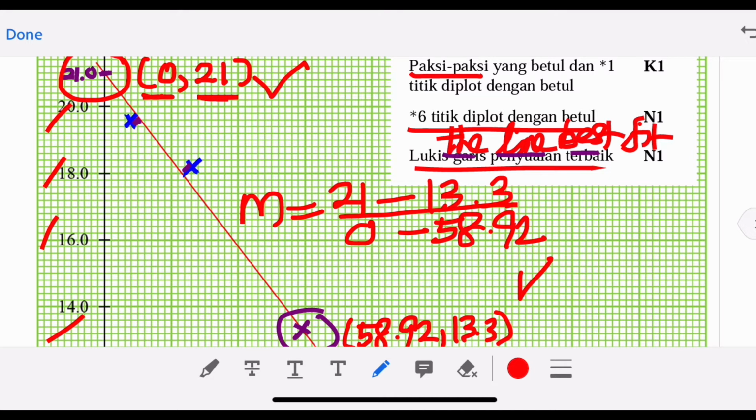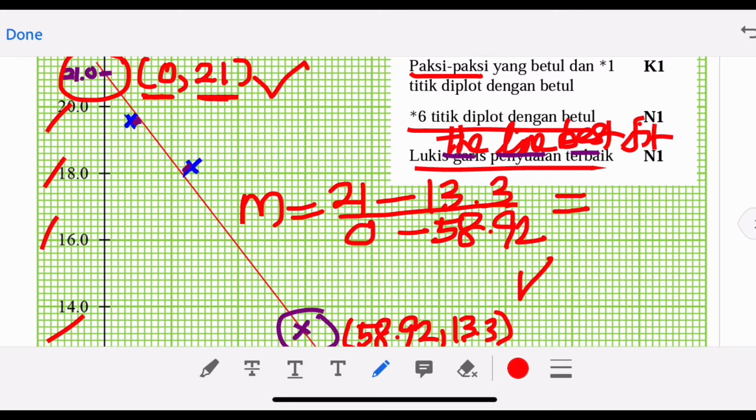Alright, and then if the line is going down, the gradient should be negative, right? Always use common sense, double check. Okay, it should be negative. We try to write in 4 significant figures.